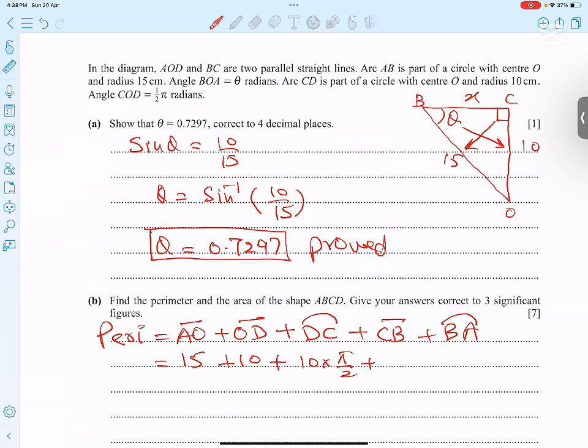I'm finding it here: in front of 90 degrees, hypotenuse squared equals opposite squared plus x squared. So x becomes root of 15 squared minus 10 squared. If I type in the calculator, I have 5 root 5. So CB is 5 root 5.